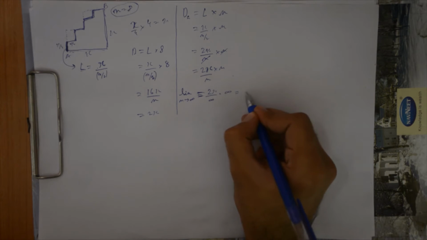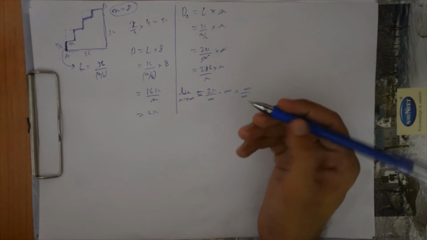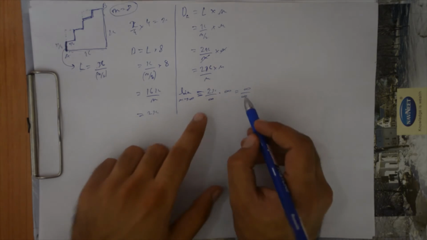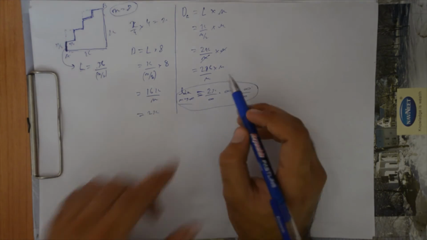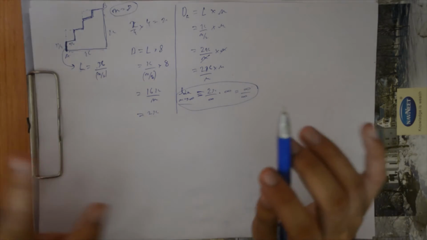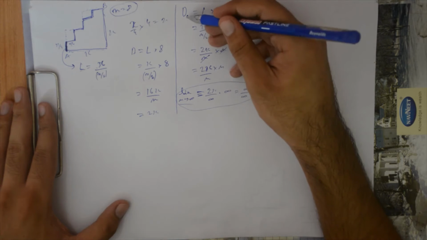This limit turns out to be of infinity by infinity form. Although there is no point in doing it like this, because this n already gets cancelled out. What I'm trying to say is that there is no role of n in the equation.